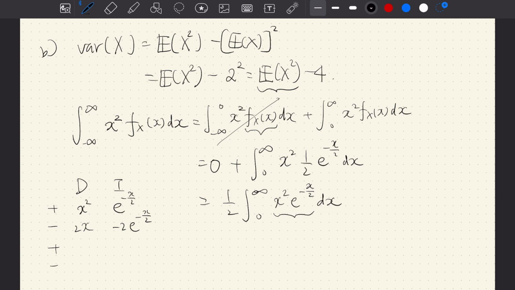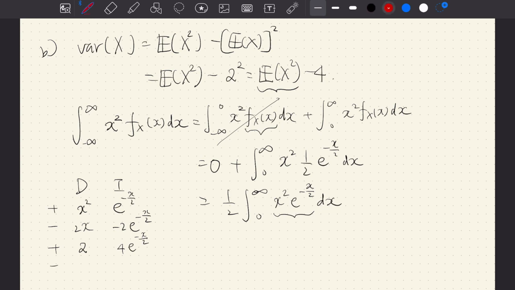Okay. So up until now, if we try to stop here, we will have to evaluate the integral of this. Okay, so this is still not easy because we have x times e to the negative x over 2. So we do it again, and here we get 2, and here we get 4e to the negative x over 2.